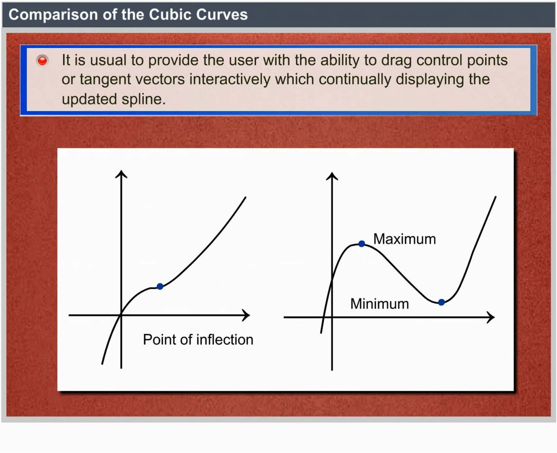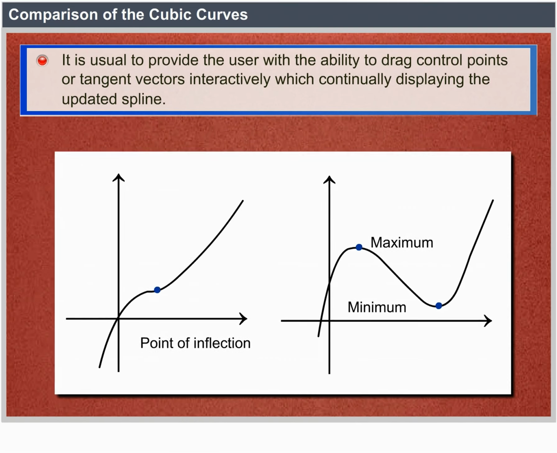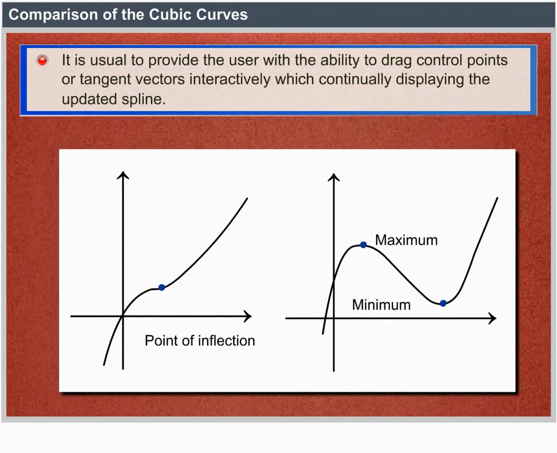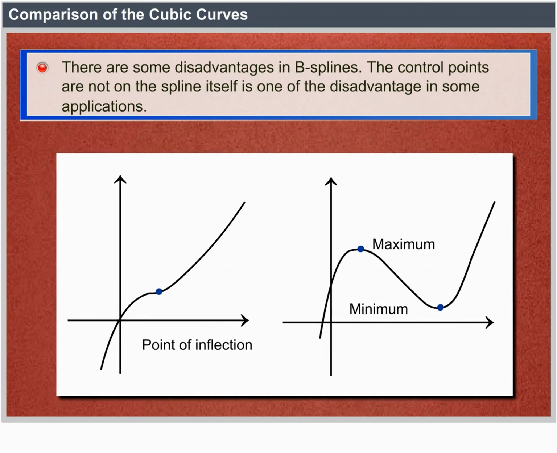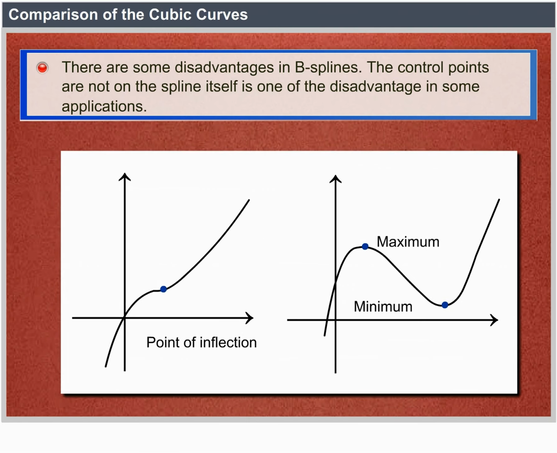It is customary to provide the user with the ability to drag control points or tangent vectors interactively, continually displaying the updated spline. One of the disadvantages of B-splines in some applications is that the control points are not on the spline itself.